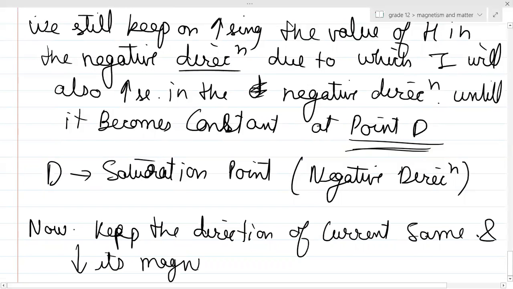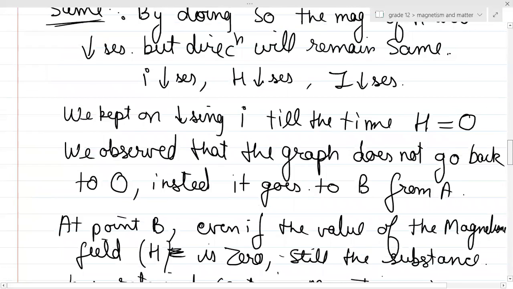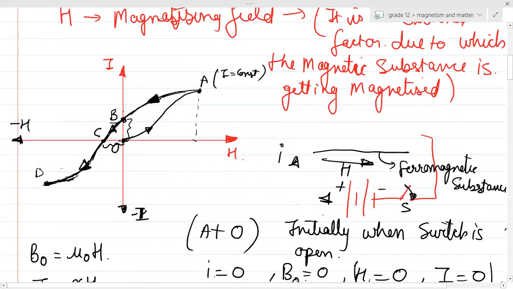So when we keep on decreasing its magnitude, guys, I don't think I need to write the whole thing now, because I guess you can correlate now. So now if I decrease the value of I, again a certain amount of magnetization will be retained, but in the opposite direction. This OB and this OE are equal.